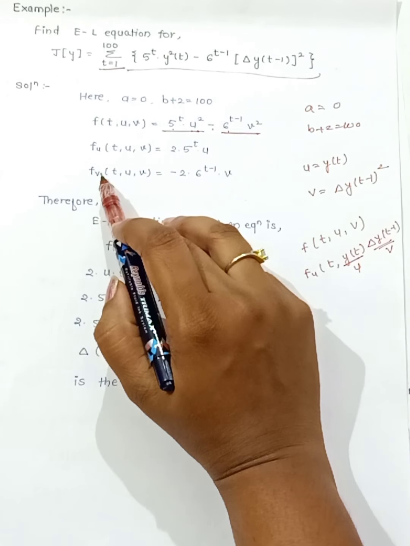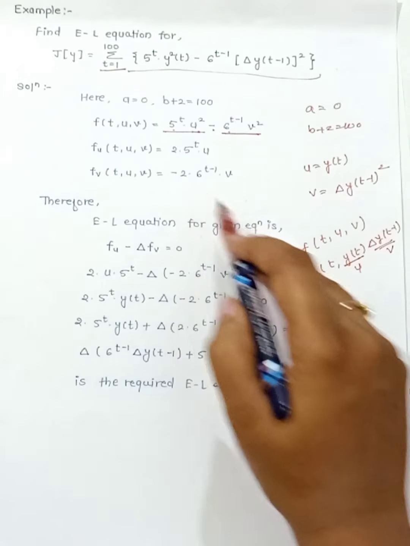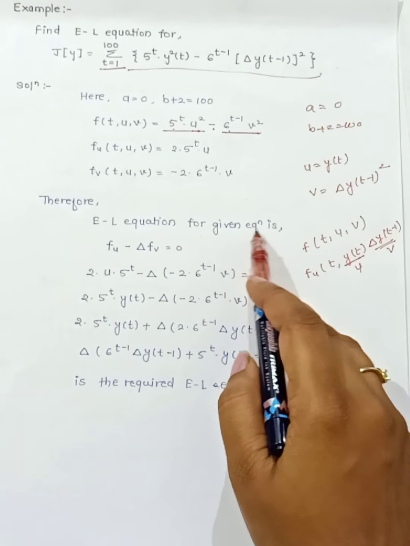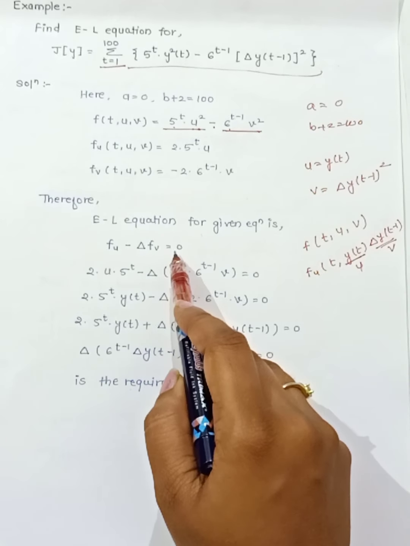And next we will differentiate with v. So we get minus 2 into 6^(t−1) into v. And therefore the EL equation for the given expression will be f_u − Δf_v equals 0.